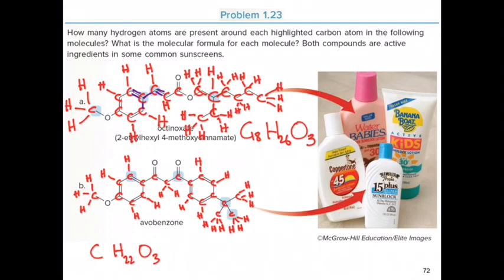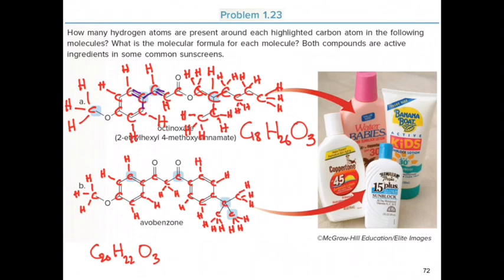And then what about the carbon atoms? We have 1 through 20. So there's 20 carbon atoms, 22 hydrogen atoms, and 3 oxygen atoms. So this is the molecular formula for this molecule.